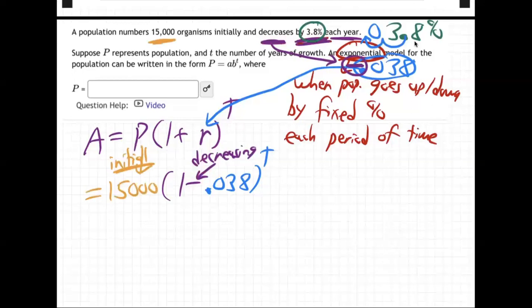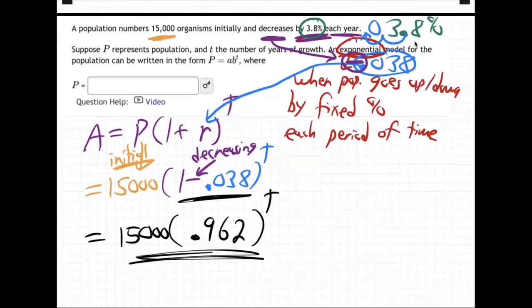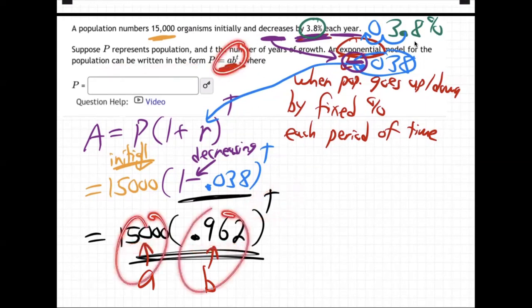You'll get 0.962 to the T, and that's our answer. And notice it's in the right format. They want us to go A times B to the T. This is the A, and this is the B. We've got a first thing and a second thing to the T power. That's what they wanted. They said it can be written in the form A B to the T, so one thing times the second thing to the T.